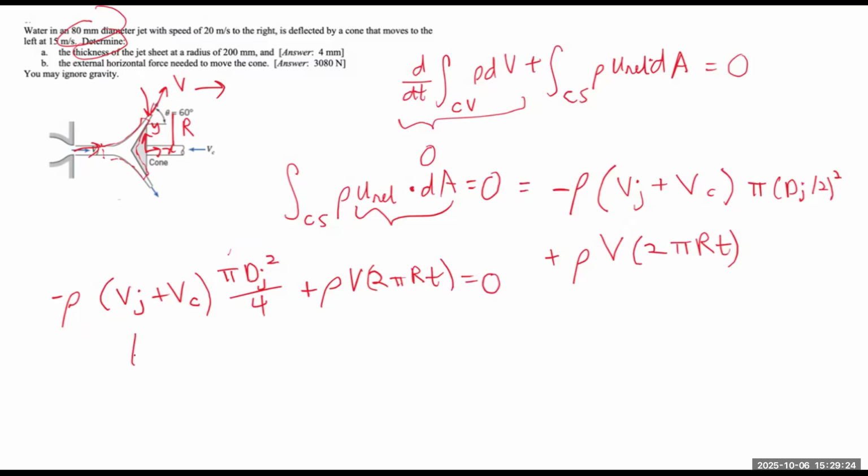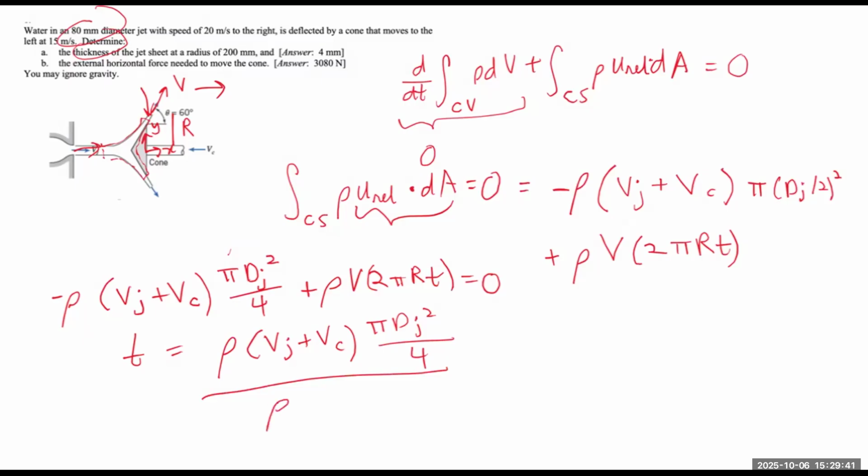So solving for t, we have that it is equal to rho times (Vj plus Vc) times pi dj squared over 4, divided by rho v 2 pi r.